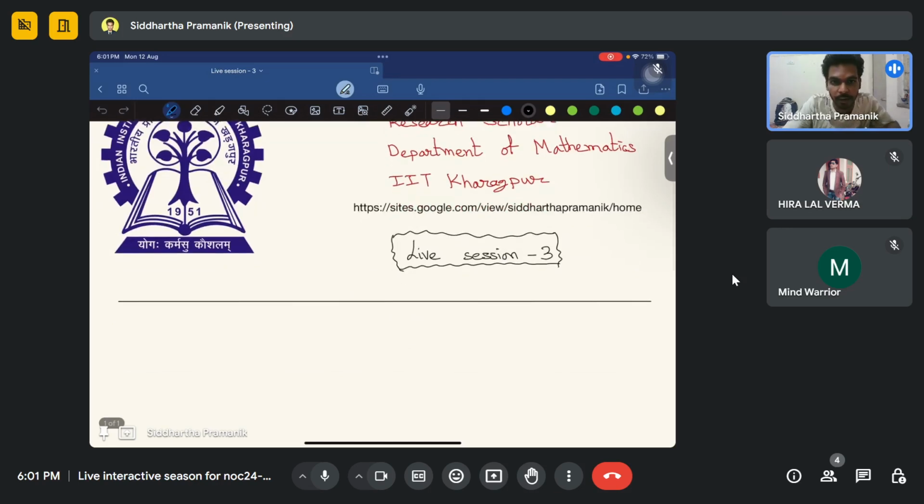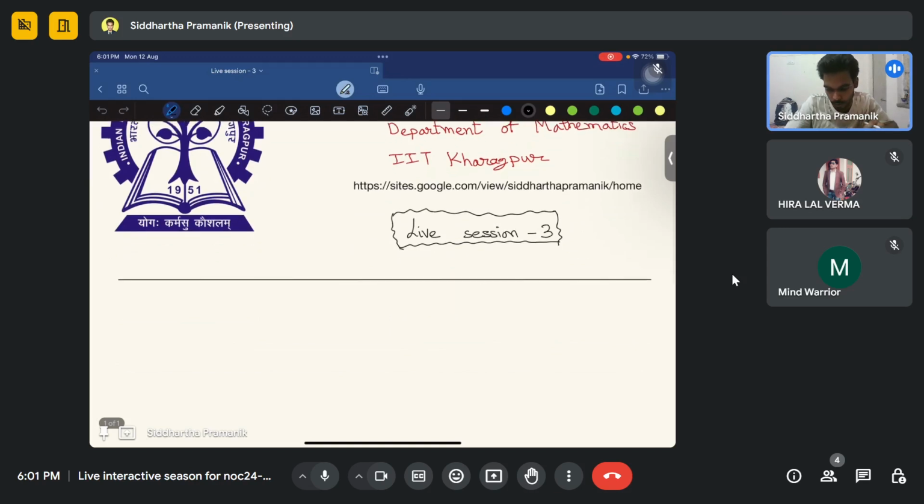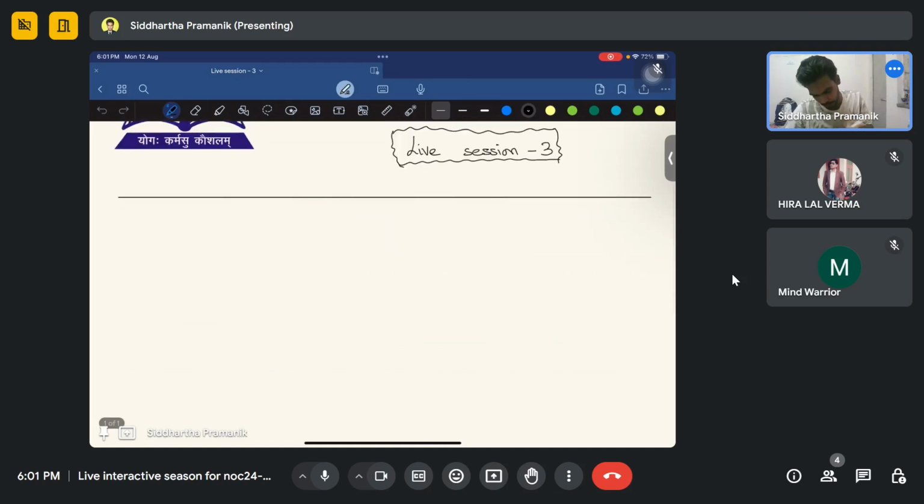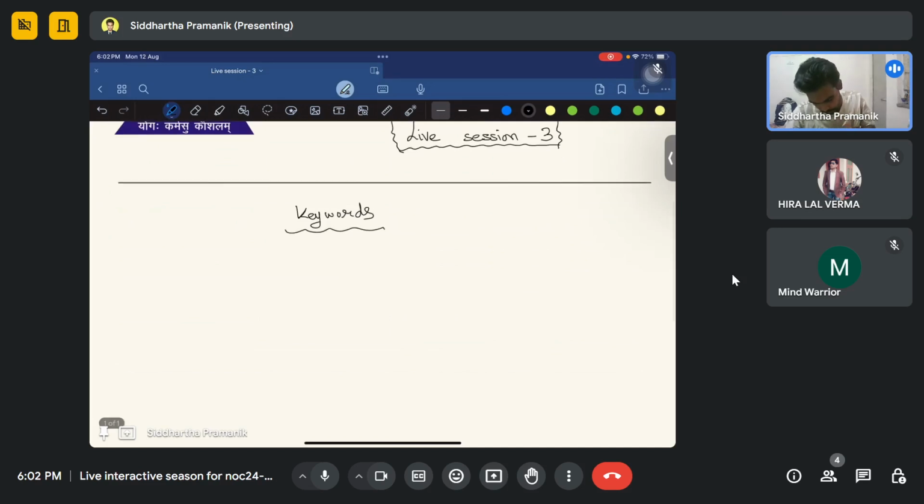First, let me write down the keywords for week 3. The problems will be based on those things only. In week 3, we saw what we mean by group isomorphisms.